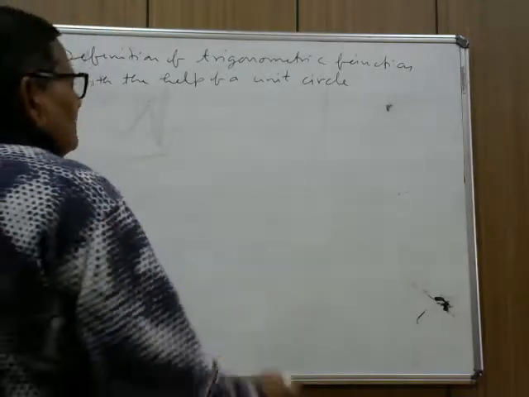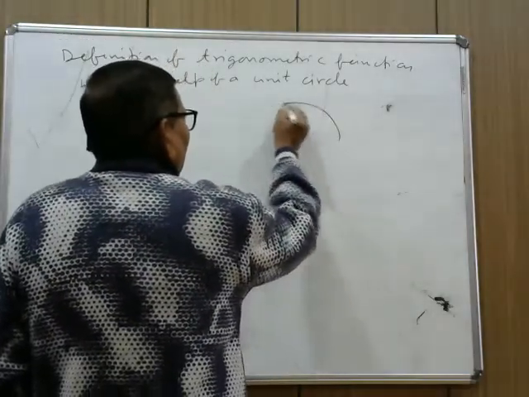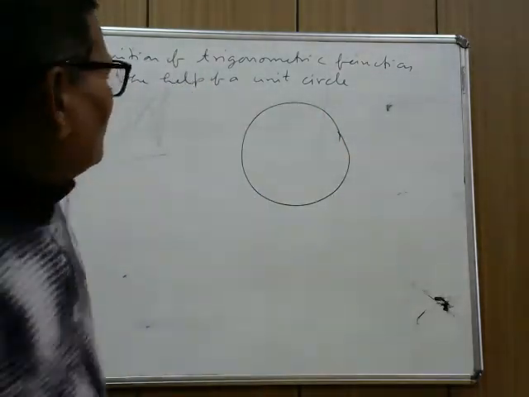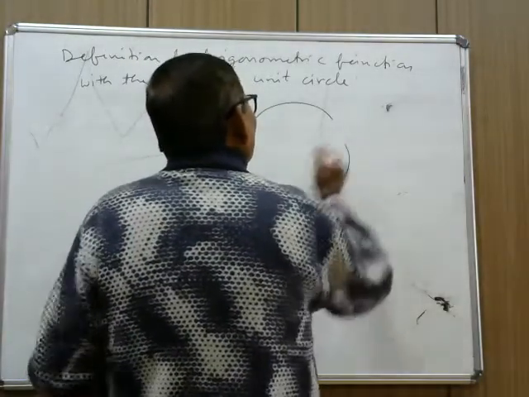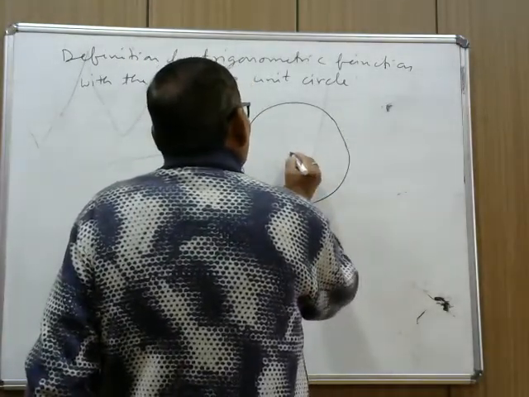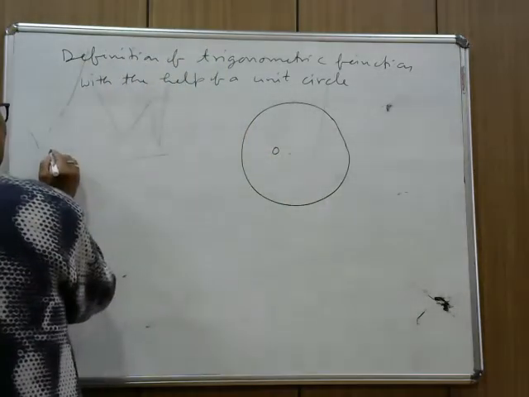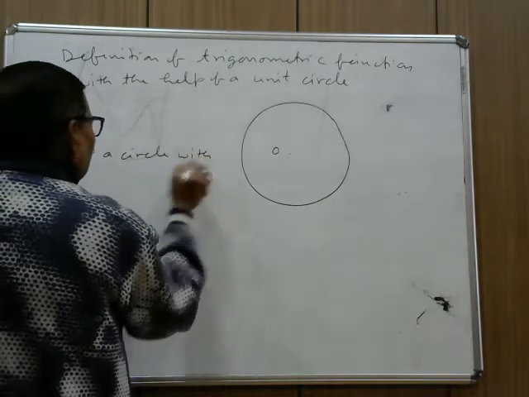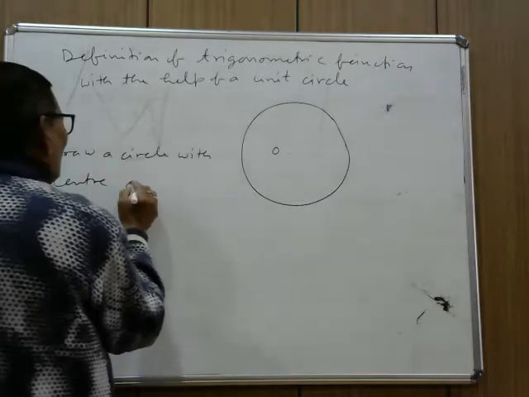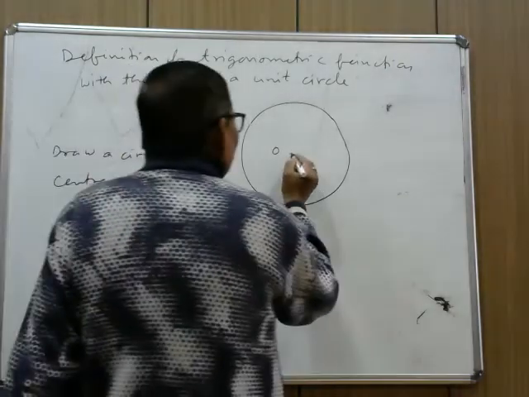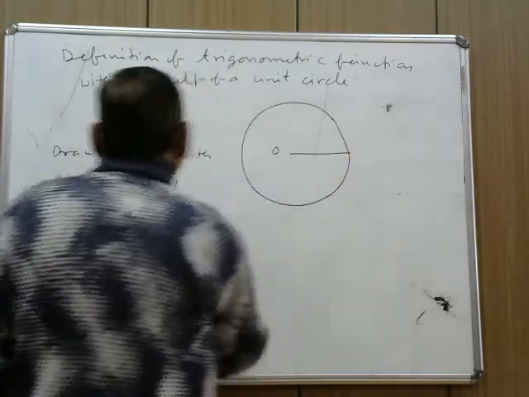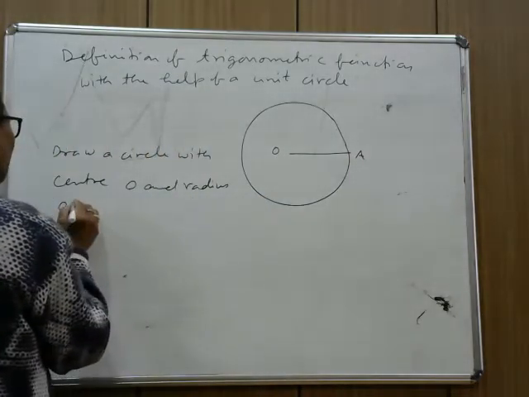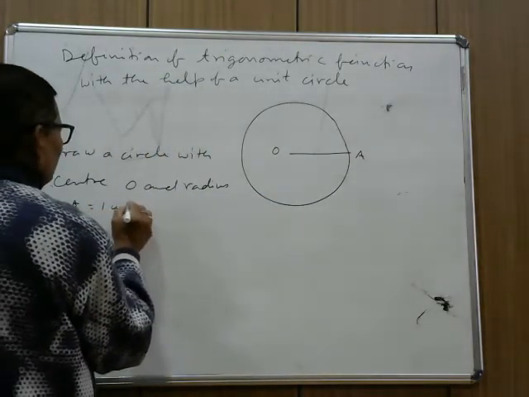Now for this, you draw a circle with center O and radius OA equal to 1 unit.